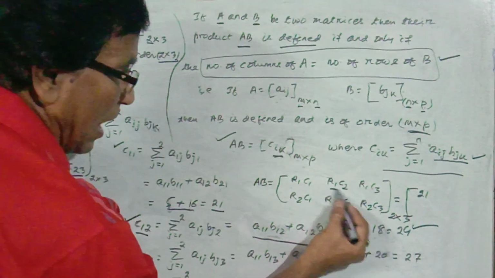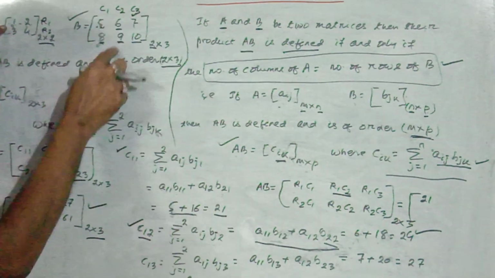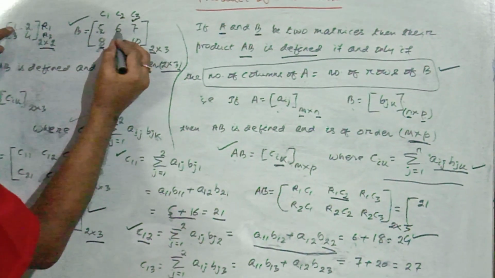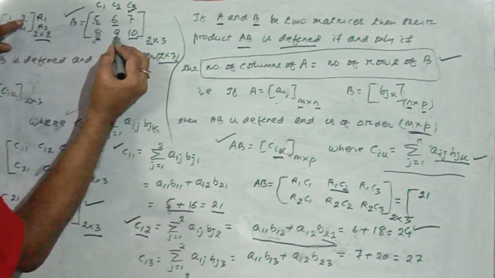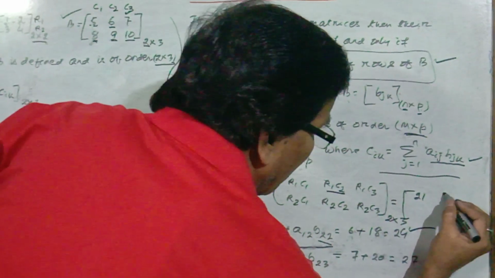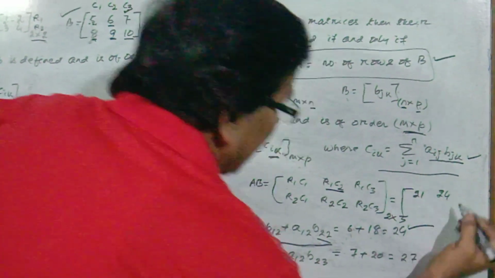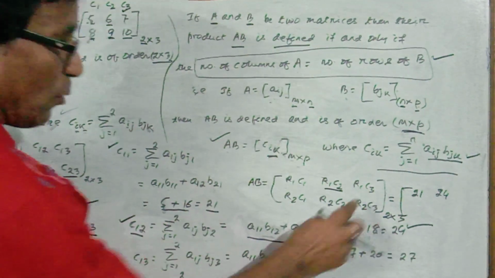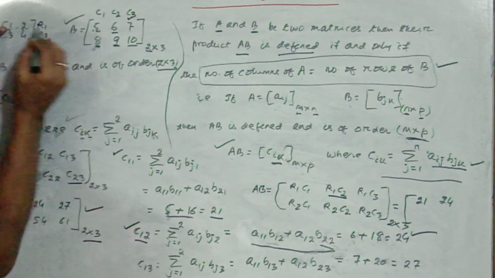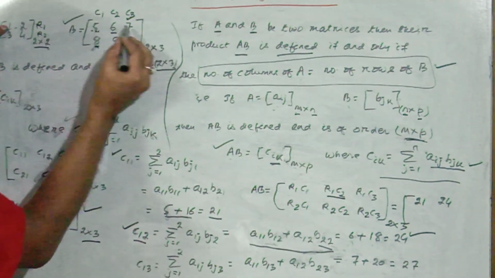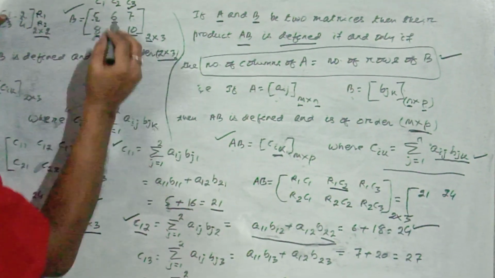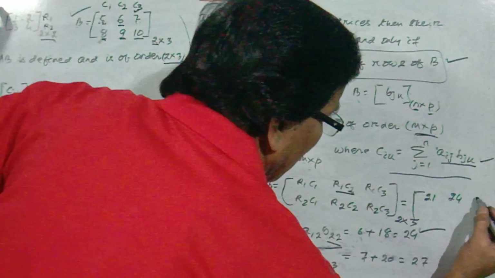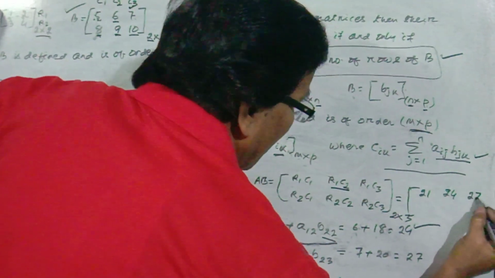Again we take R1 C2, row 1 with column 2: 1 into 6 plus 2 into 9, so 6 plus 18, that is equal to 24. Next we multiply R1 with column 3: 1 into 7 plus 2 into 10, that is 7 plus 20, which is equal to 27.